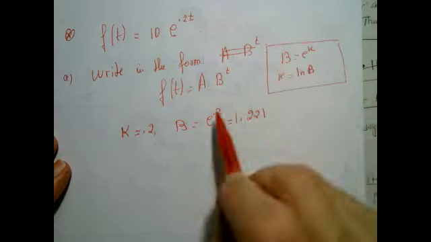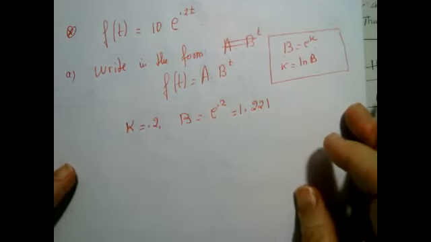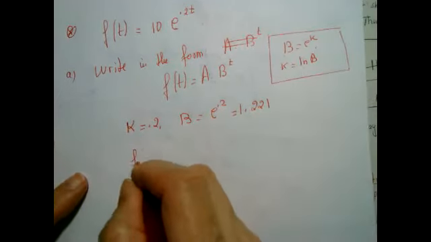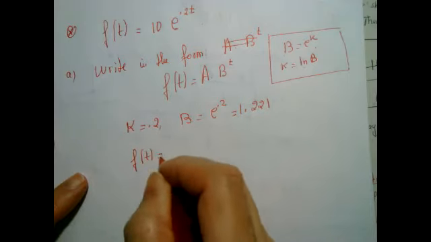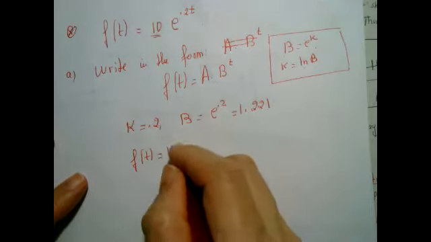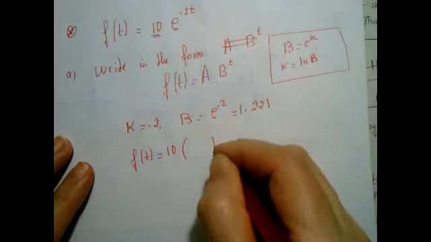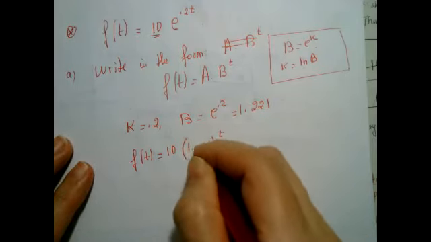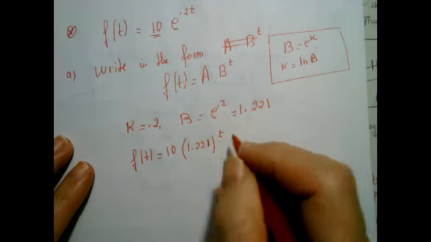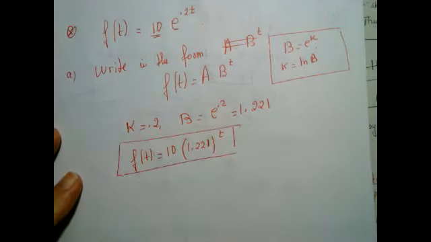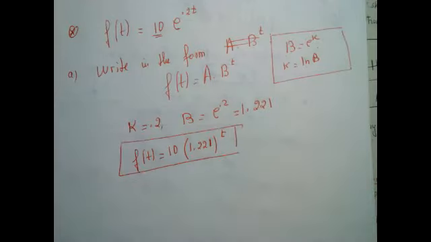Do not confuse. B is e to the k. Be very careful. So what is f of t going to be equal to? A remains the same. That's my A. And B is 1.221 to the power t. That's the way we rewrite it in this format.